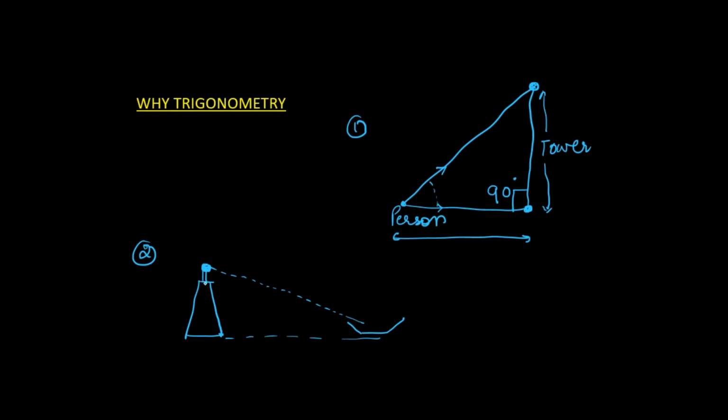The lighthouse and the horizontal distance of the ship form again a right angle triangle. And if we know any of the two angles, then we should be able to figure out either the height of the lighthouse, or the distance of the top of the lighthouse from the ship, or the distance of the bottom of the lighthouse from the ship.